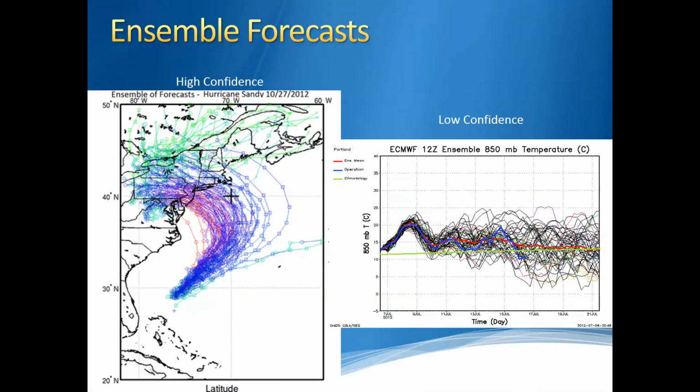Here's an example of a high confidence forecast versus a low confidence forecast. So this was Hurricane Sandy back in 2012. And Hurricane Sandy's initial position was right here. And we took all of our forecast models, ran them with all different initial conditions.